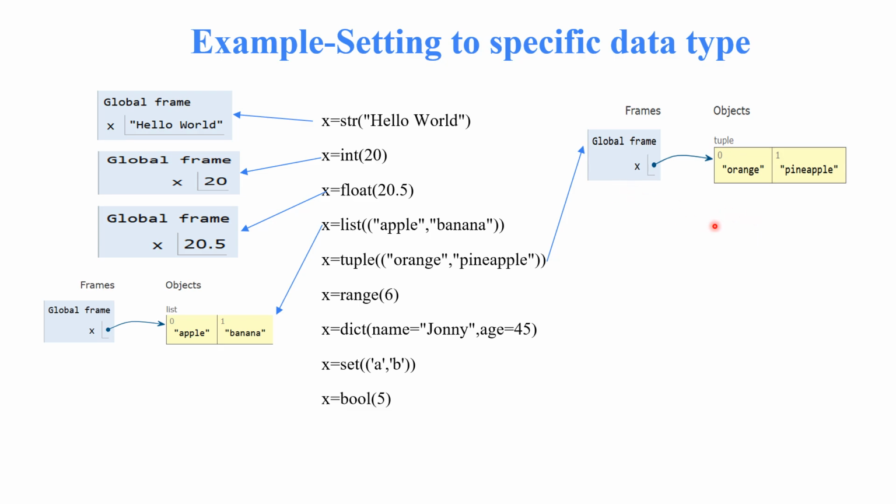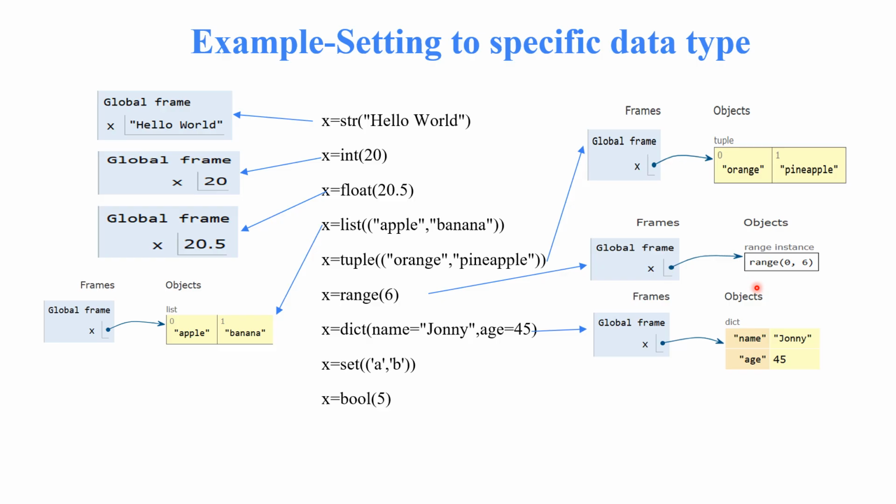When I say x of 0, it will take orange. When I say x of 1, it will take pineapple. Now the range function starts from 0 and moves on till 5: 0, 1, 2, 3, 4 and 5. Six values. Next is the dictionary, that is dict. Now how is it happening? x will be mapped to key value pairs. Name and age are keys. Johnny and 45 are values.